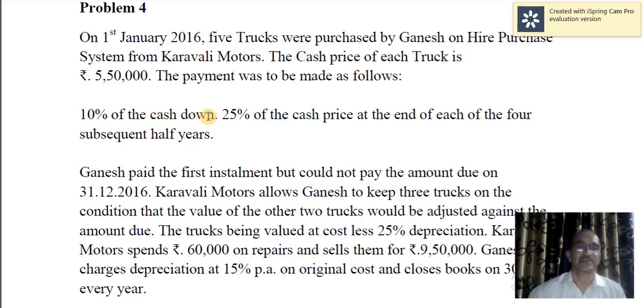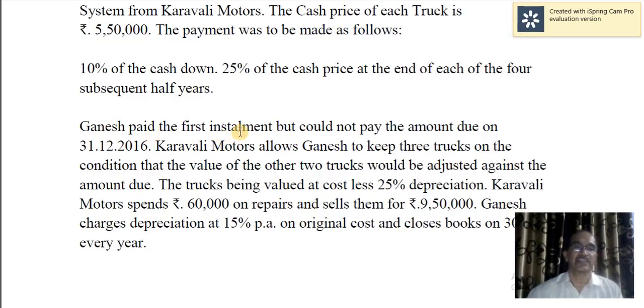In other words, 10% of 5,50,000 is the down payment, and the remaining amount is paid in 4 subsequent half-yearly installments. So 10% is down payment, and the remaining amount is paid at the rate of 25% of cash price in 4 half-yearly installments.